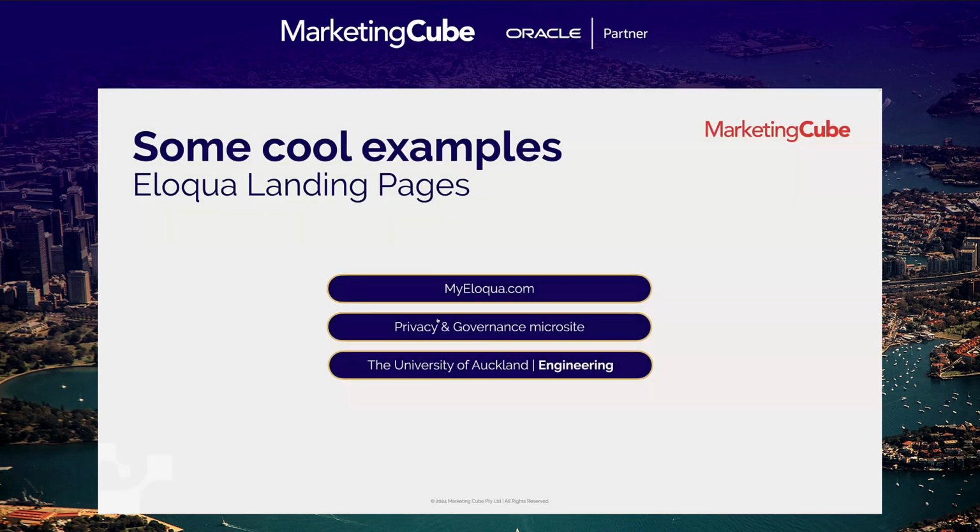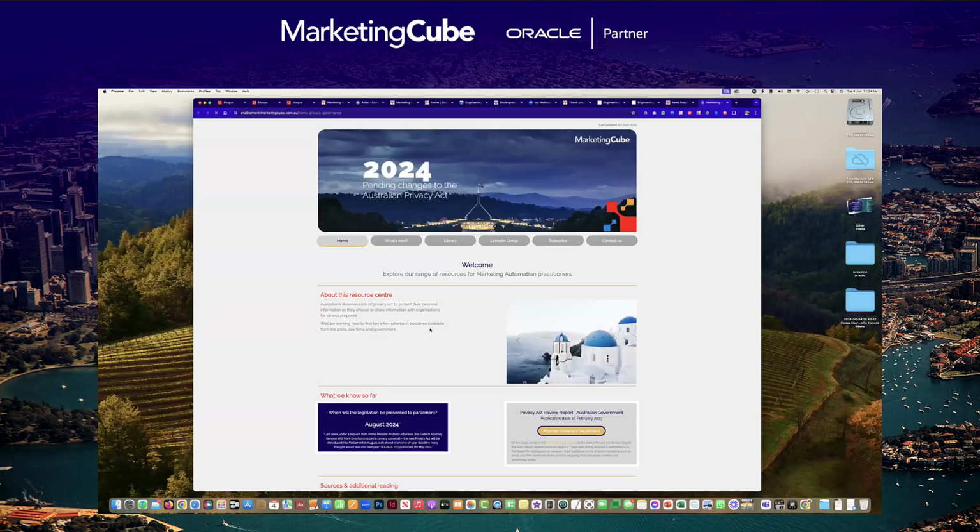So that's one. Now, the next one I want to show you is actually under construction, so don't be too harsh and judge me on this one. This is why you're seeing photographs of the Greek Isles here, for example. With the pending changes to the Australian Privacy Act, what we're trying to do is get a whole range of information together to help you make more informed decisions about what it is that you need to do.